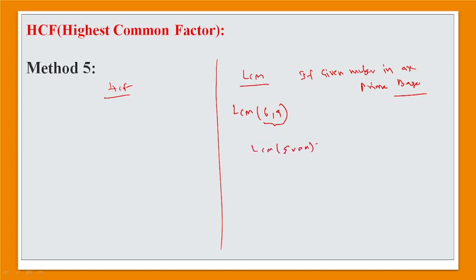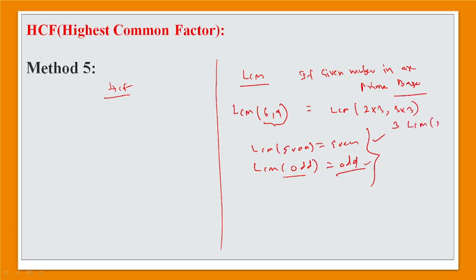LCM of even numbers will always be equal to even only. LCM of odd numbers will always be equal to an odd number only. So remember this point. Suppose this can be written as LCM of 2 into 3 and 3 into 3. If I take out 3 outside, it is LCM of 2 comma 3.